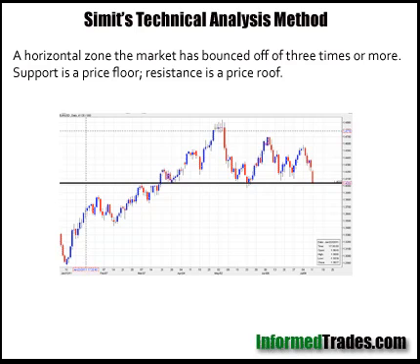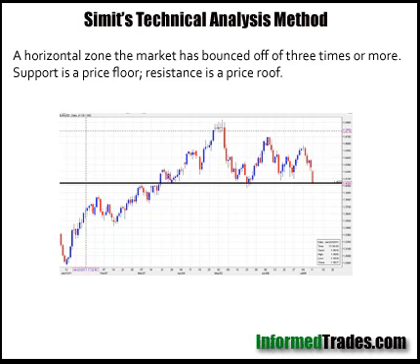Okay, so there are basically three elements of my technical analysis, which are support and resistance levels, trend lines, and candlestick patterns. The first is support and resistance. Support and resistance is basically a horizontal level on a price chart that has been touched at least 3 times, and the market is bouncing off that level. So you can think of it as a floor.